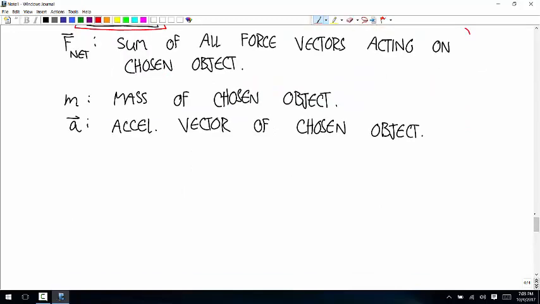There is such a thing as Newton's first law. We'll talk about that in lab, but it's not going to be useful for calculations because Newton's first law is actually implied by Newton's second law.